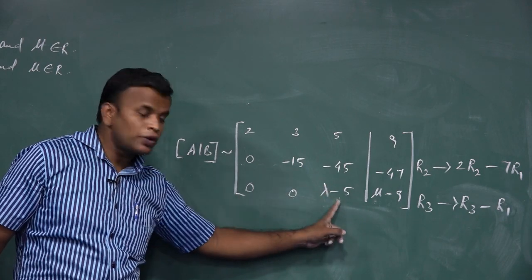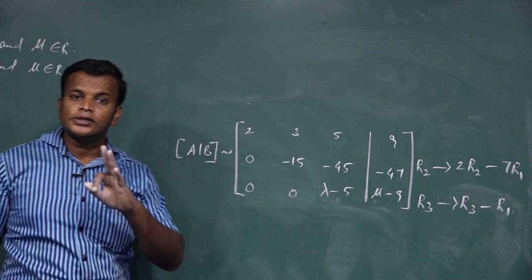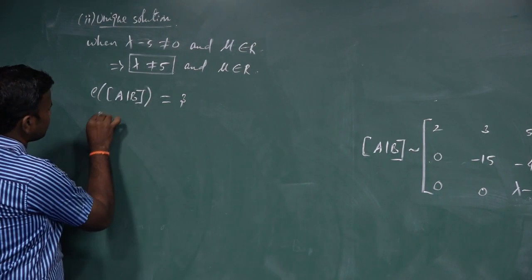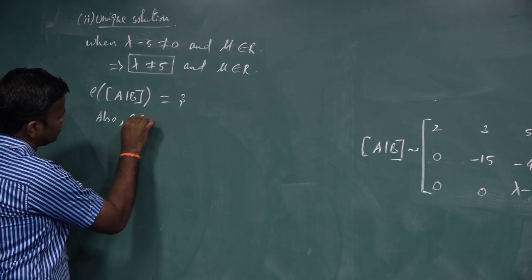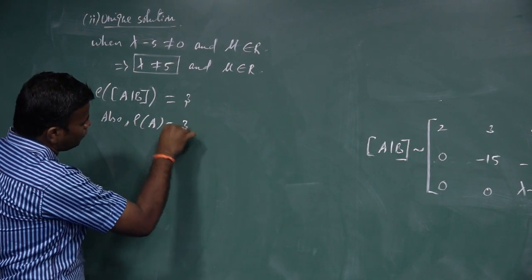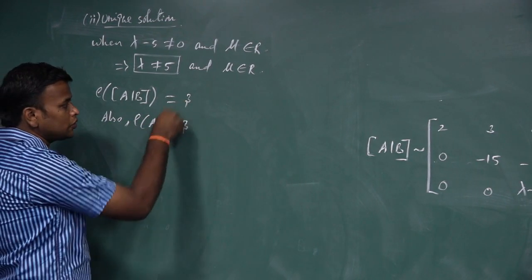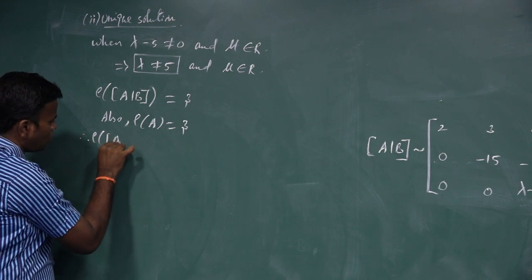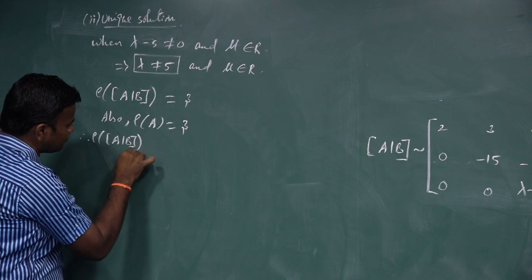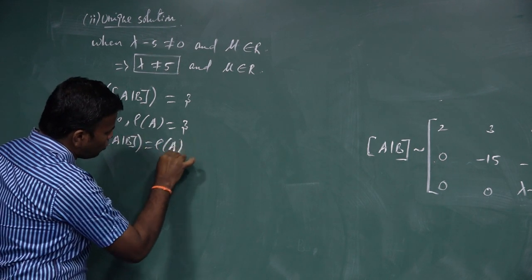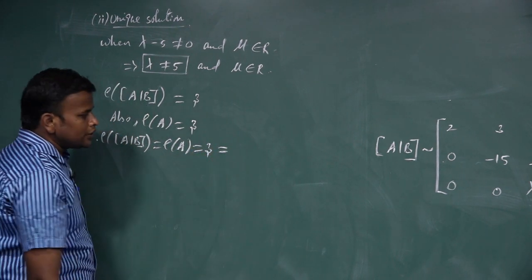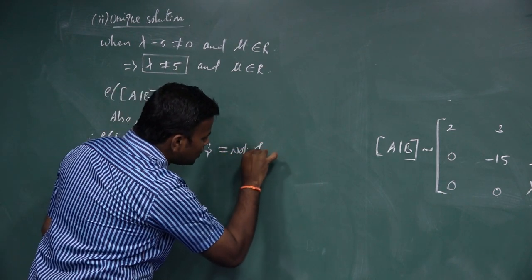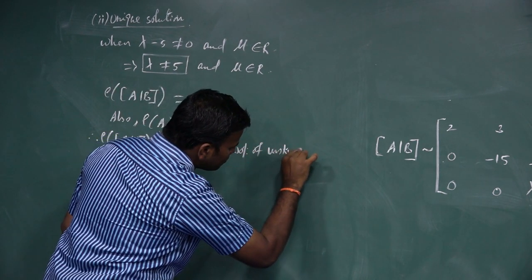So both ranks are equal to 3. The rank of [A|B] is 3. Also, the rank of A is equal to 3. Now you see both the ranks are equal. Therefore, the rank of [A|B] is equal to the rank of A. Both are equal to 3, where 3 is nothing but the given number of unknowns.